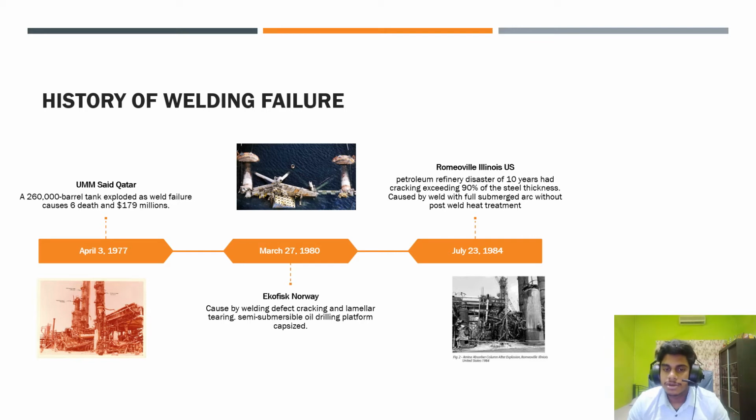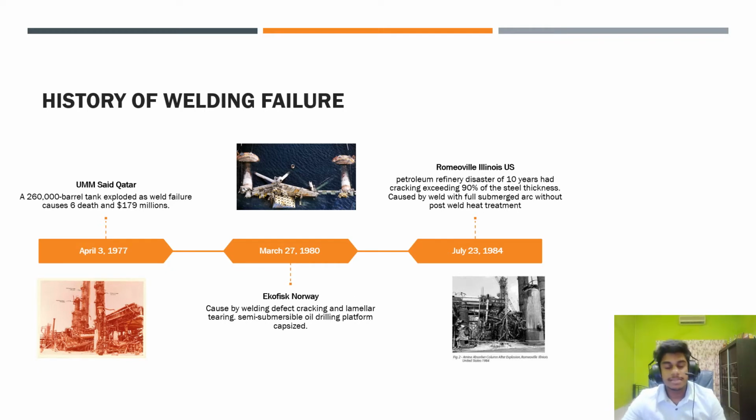Next, at Ekofisk, Norway, a welding defect, cracking and laminar tearing of the structural integrity of the building, caused the oil drilling platform to capsize. And on July 23, 1984, in Romeoville, US, a petroleum refinery disaster was caused by a crack that exceeded 90% of the steel thickness, because the welding was full submerged arc without a post-weld heat treatment.